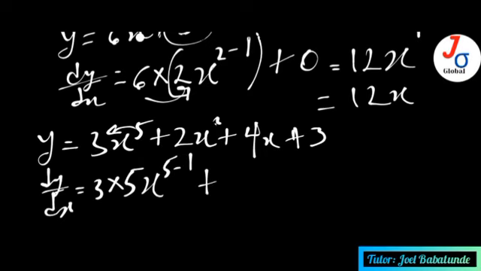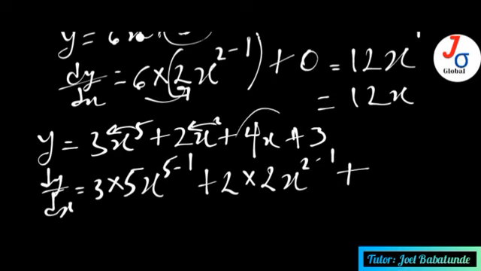Then plus, bring down this 2: 2 times the 2 you brought down, then x to the power of 2 minus 1. Then anytime you differentiate 4x or 7x, that's 4. You differentiate 7x, you have 7. You differentiate 10x, you have 10. And when you differentiate a number like 3, you have 0.